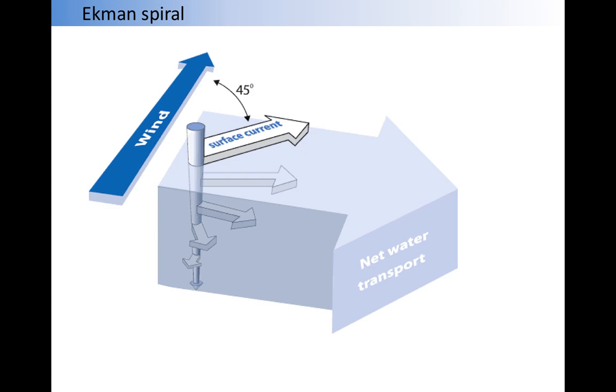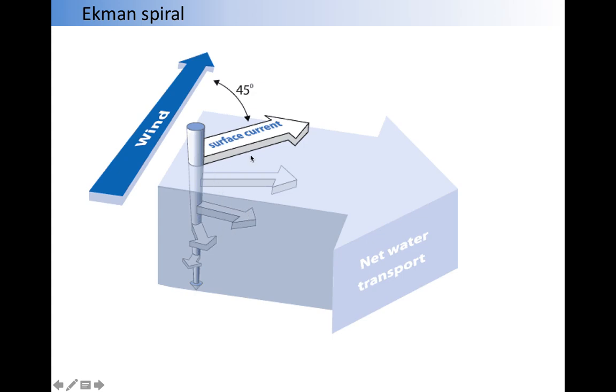For example, if you have wind blowing in one direction at the surface, this wind momentum will be delivered to the water. This is the water depth from surface to bottom, with wind blowing on the top, and this axis indicates the vertical axis. If you imagine this water body as layered, with the surface and below that, this arrow indicates the direction of the currents, surface currents and subsurface below.